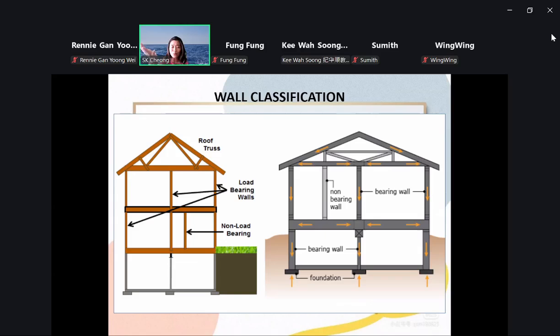Complete your answer with sketches. Please show me your sketches so that you can easily show me that you understand where is the location of the non-load-bearing wall, and this is the location of the bearing wall, with some explanation.